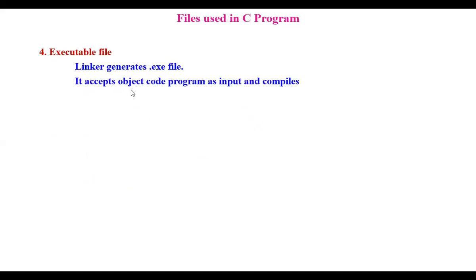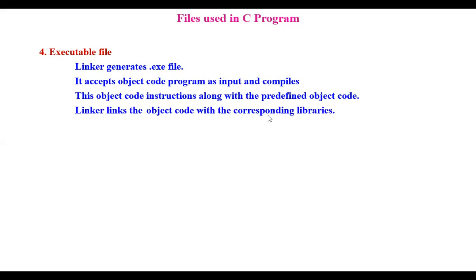It accepts the object code program which has come from the compiler, that .obj file, as input, along with the predefined object code. The linker links the object code with the corresponding libraries. Here, the checking is done whether we have incorporated them. Suppose I am using some built-in function.